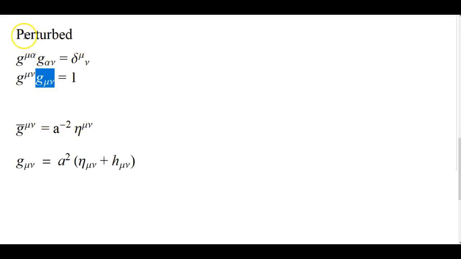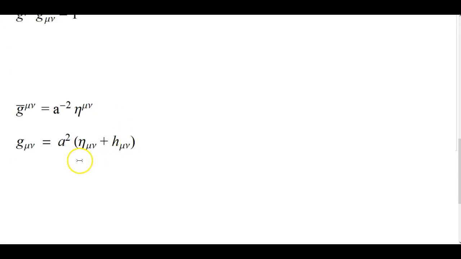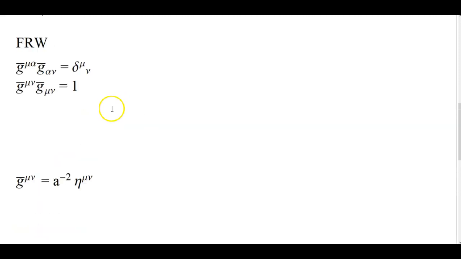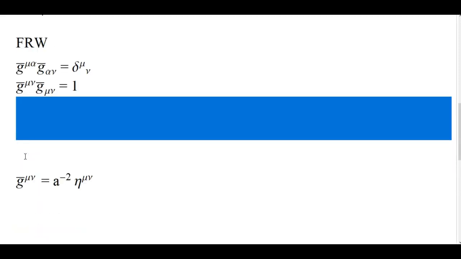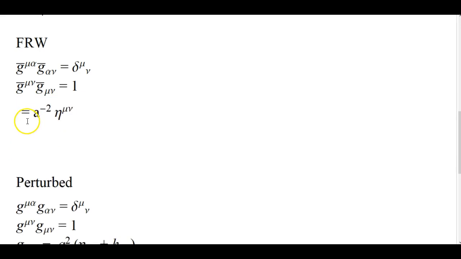So let me write this in the FRW. This is perturbed and this is in the FRW. In the FRW system, G bar mu nu is equal to one over a square eta mu nu, and this is basically the inverse of this matrix. So when you take reciprocal of all the elements of G mu nu, you get this.